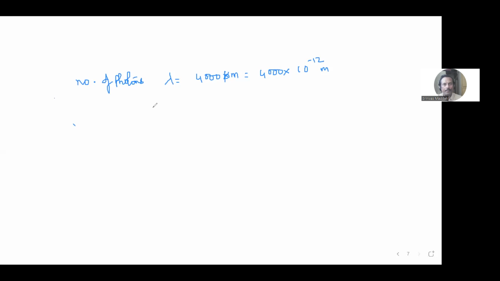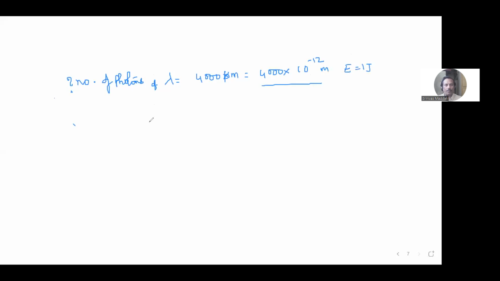So you have to find out the number of photons of wavelength 4000 picometers that would generate the energy of 1 joule.